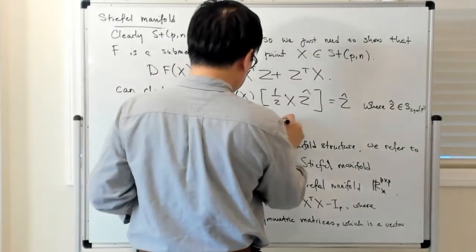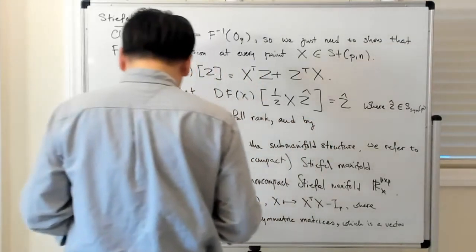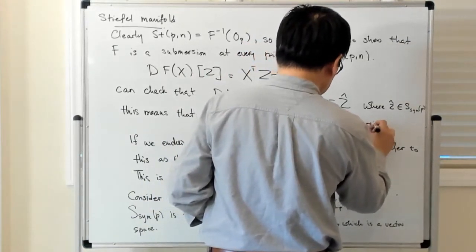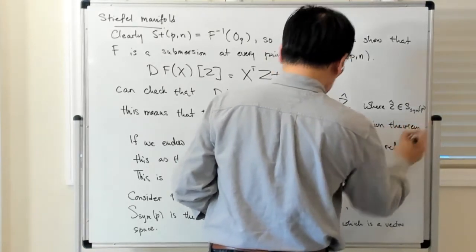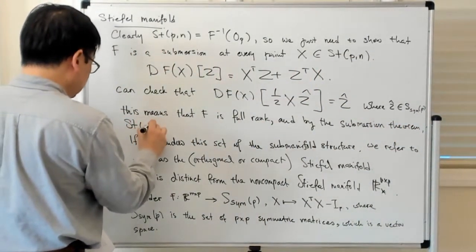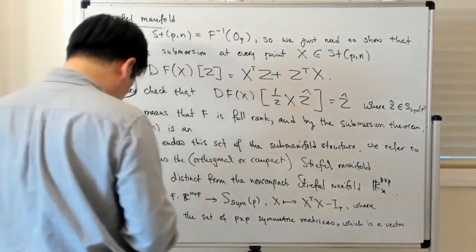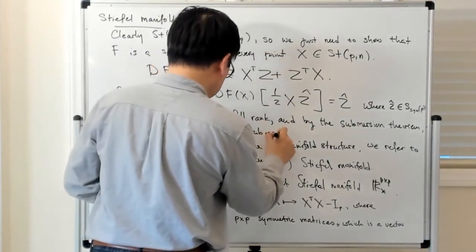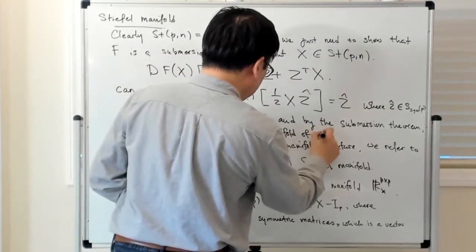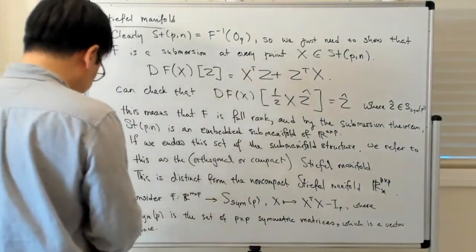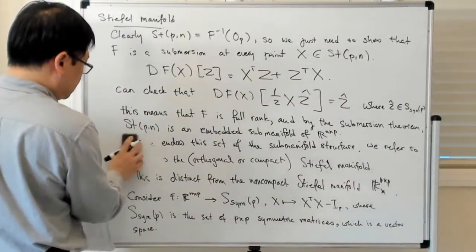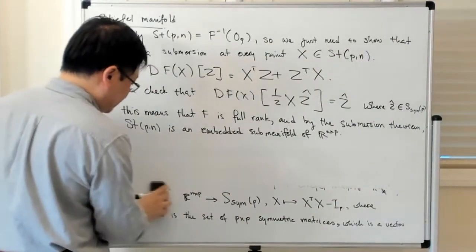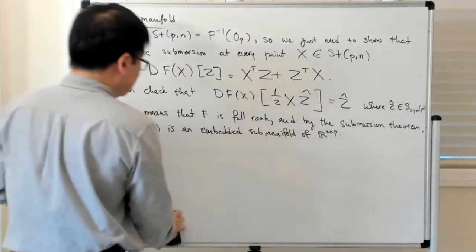And then by the submersion theorem, the Stiefel manifold St(P, n) is an embedded submanifold of R n cross P. If you recall, it also tells you something about the dimension of this embedded submanifold based on the difference of dimensions.